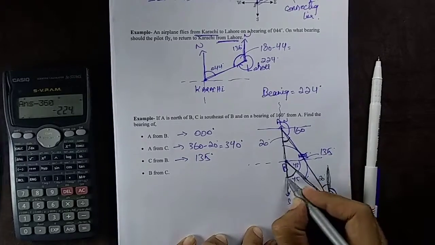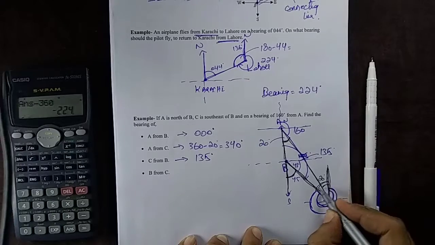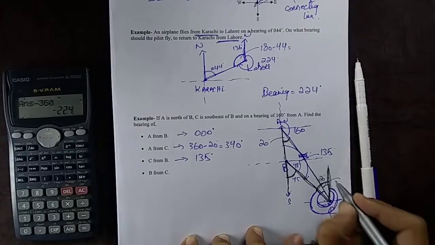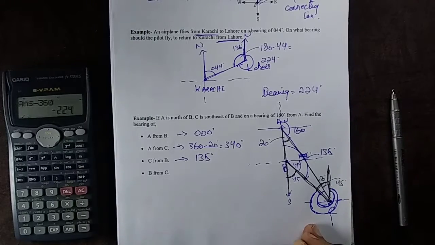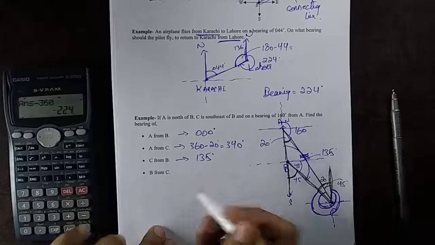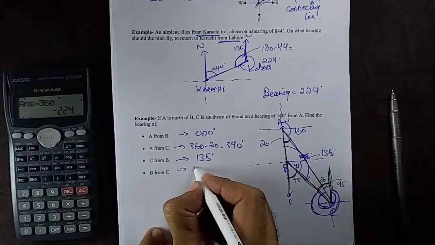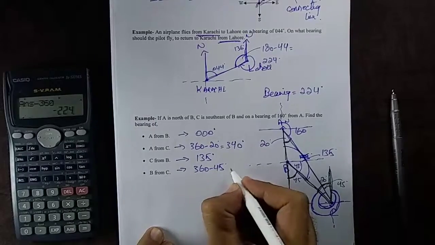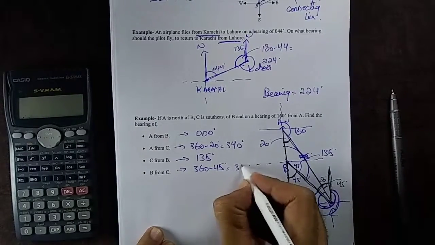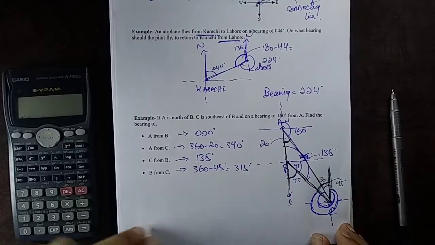So if this is 45, this would also be 45. And the bearing to be calculated would easily be the difference of 360 and 45 degrees. So it would simply be 360 minus 45, which equals 315 degrees.